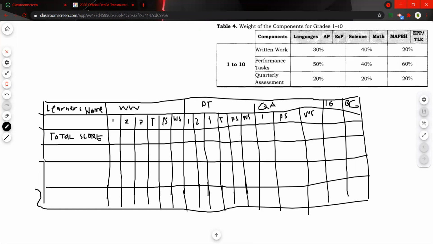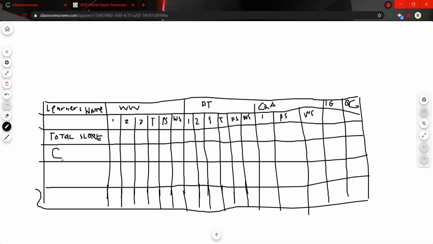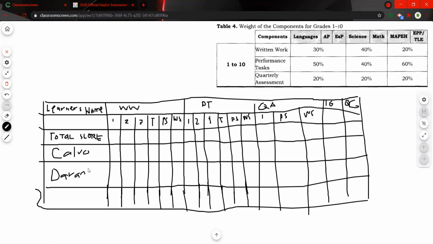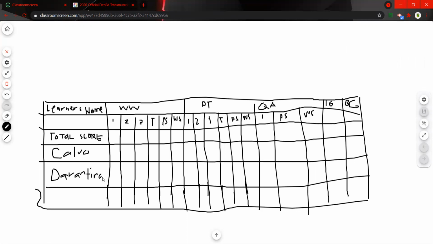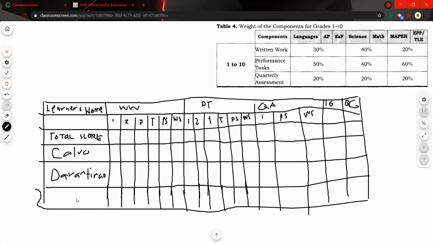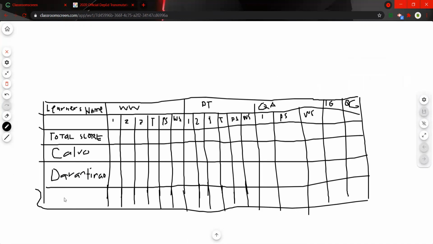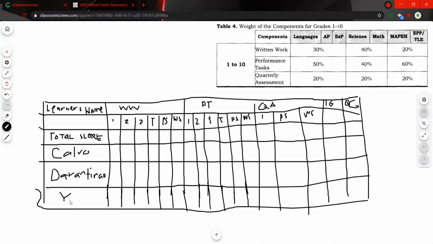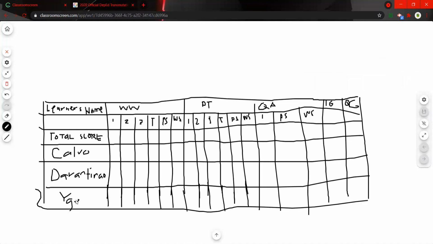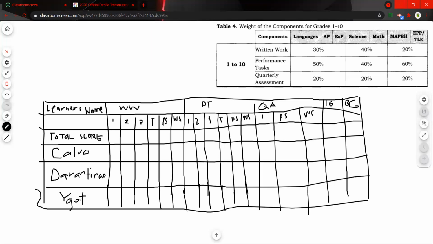For example, we have students here like Calvo, Darantinaw, and others. Let's assume we have inputs to enter.